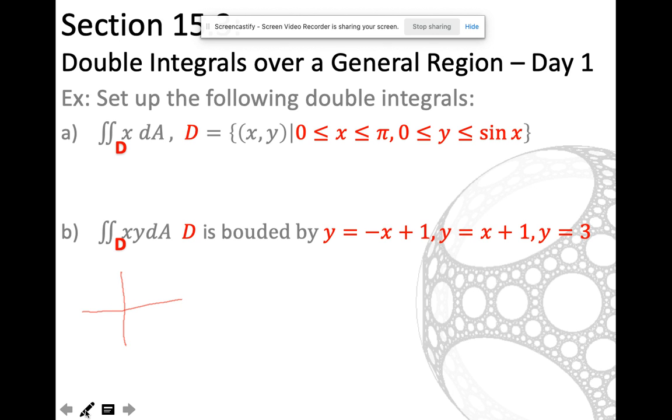When I draw this, negative x plus 1, should have drawn this first, y equals 3.